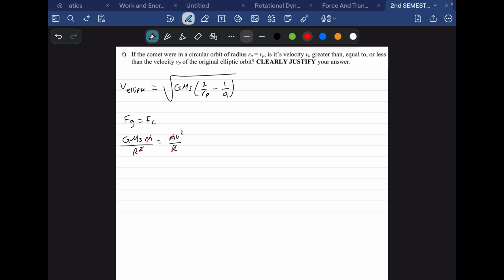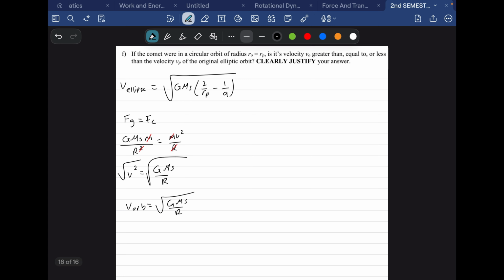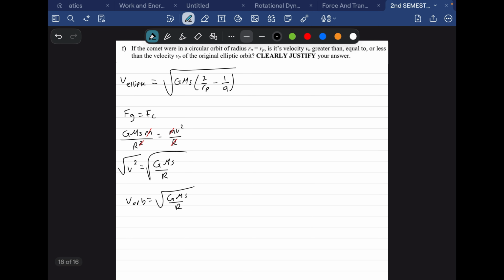So you get v squared is equal to G mass of the sun over r. Then square root both sides, which gives you v orb to be radical G mass of the sun over r. But in this case, your r is your r_P, so I'll just rewrite that. So v orb is equal to radical G M_s over r_P.